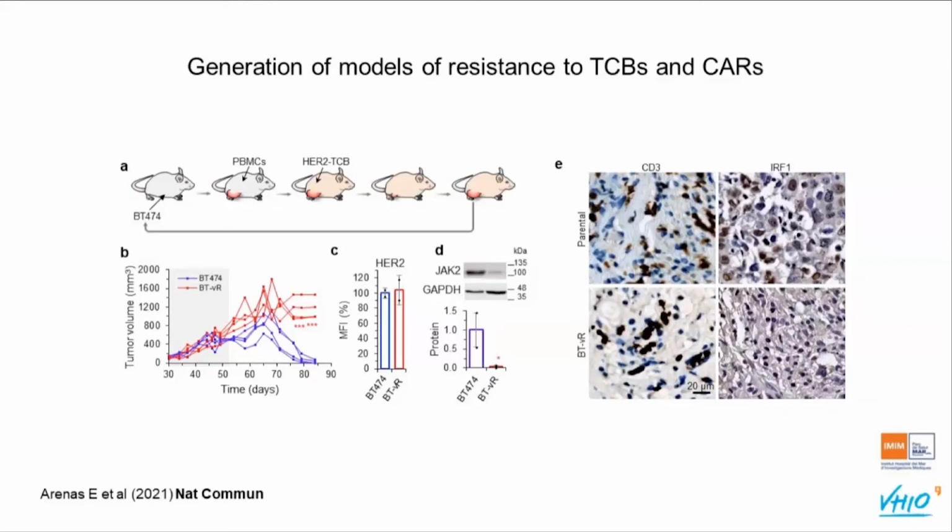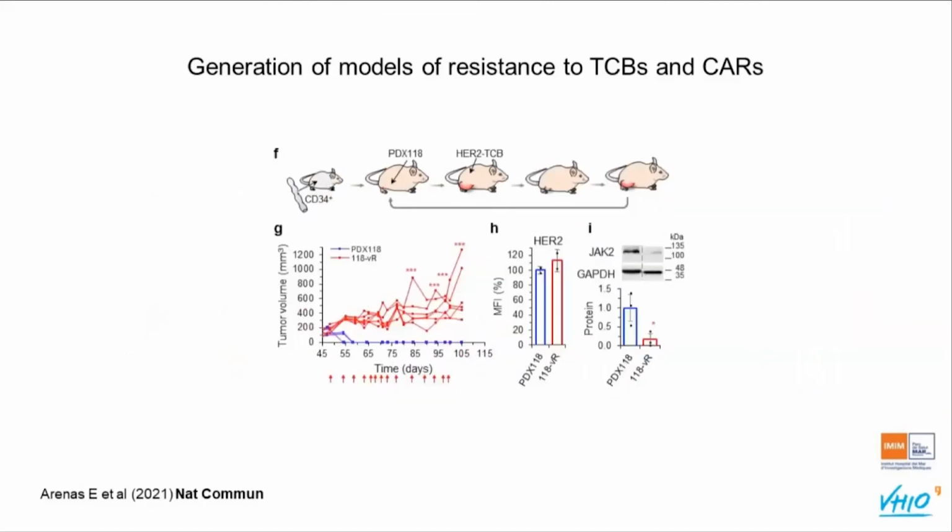Again, trying to expand on these results, we did something similar with one of the PDXs that is HER2 positive and grows in mice humanized with hematopoietic CD34 positive cells. We were able to humanize these mice, as I have already shown.